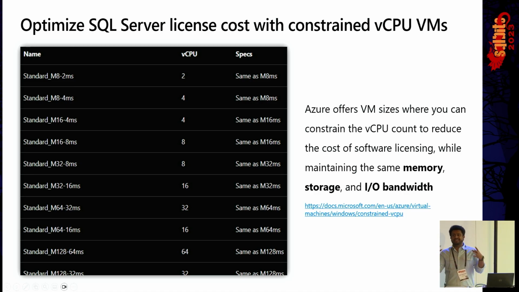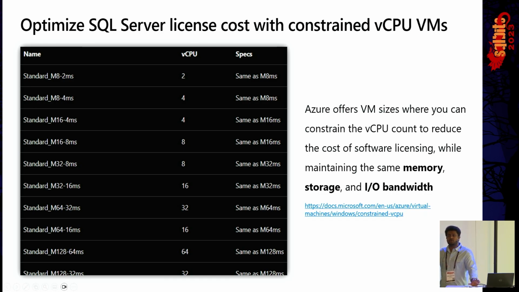there are other types of things that can happen, like I want the bandwidth of a 64-core VM, but I don't want to pay 64-core licenses. I only want to pay 32-core licenses. In that case, there is an option called constrained core VMs, where you can say, I would take a 64-core VM bandwidth, but I pay only 32-core, that is E32-64-core VM.